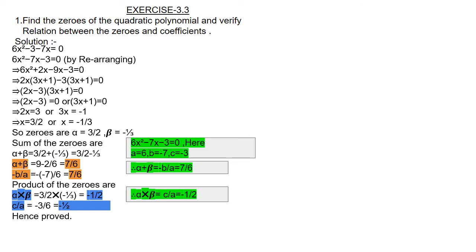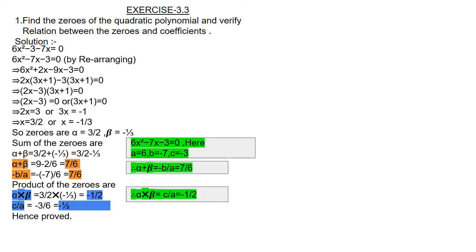Now if you write minus b by a, that is the ratio of the second term to the first term of a quadratic polynomial, minus b by a is equal to minus of, what is b? b is equal to minus 7, a is equal to 6. Minus of minus 7 by 6 is equal to 7 by 6.